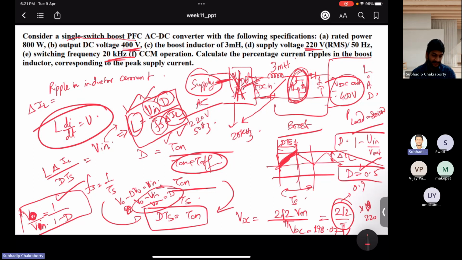Delta IL is D V in divided by L Fs, right? So you tell me this value. What is the value of delta IL?